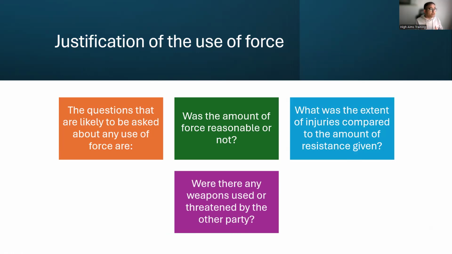Were there any weapons used or threatened by the other party? So let's say somebody had a baseball bat and you try to stop them, you can use greater force. But if the other party was unarmed, they didn't have any weapon, and you used excessive force, which was not proportionate to the threat, then you can be prosecuted.